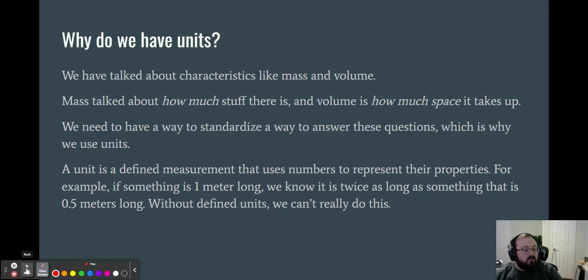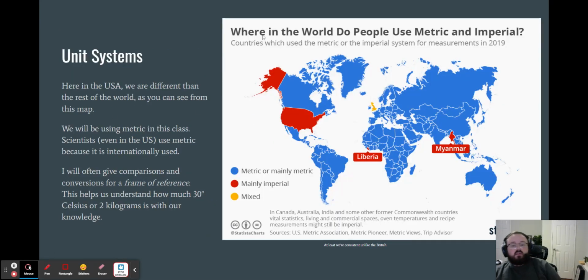So, unit systems. Here in the United States, we use the imperial system, or we call them American Standard Units at this point. Here is a map of the countries of the world that use the imperial system.